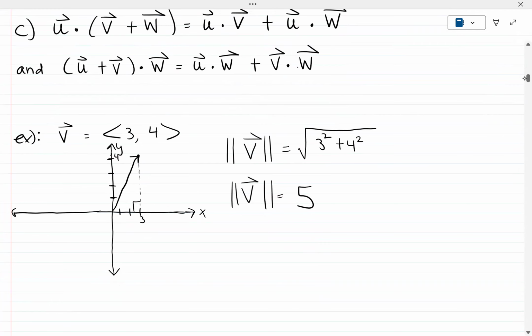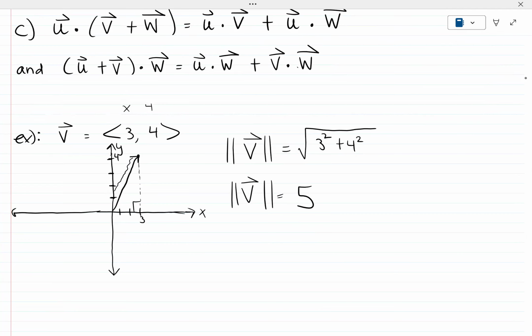Here's an example, which you probably learned in pre-calc or trig. Vector v has the direction 3, 4. If you plot the point, 3 is your x and 4 is your y, and you get this vector.